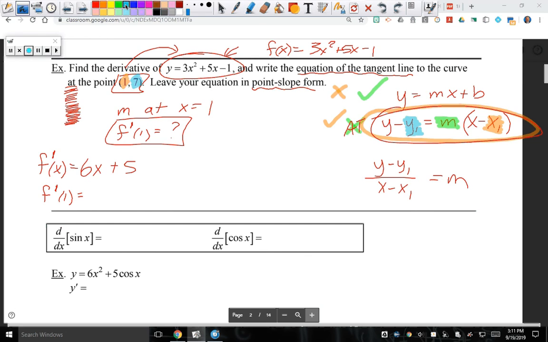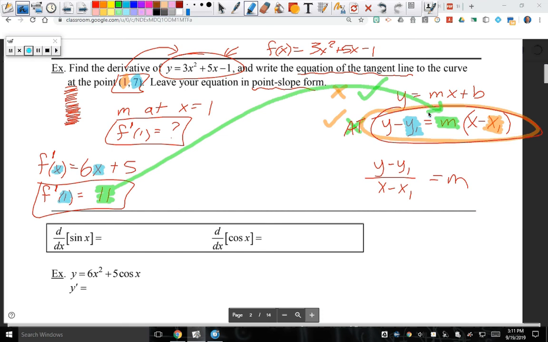Because we need to plug in 1. Okay, we need to plug this 1 into this function. And f prime of 1 is equal to, anyone? 11. So 11 is the slope that we're looking for, that we're going to plug in way over here.